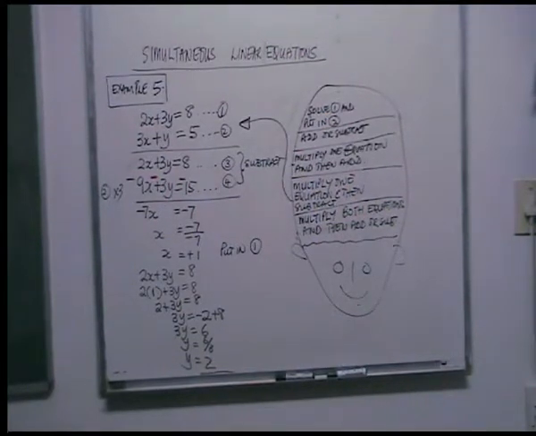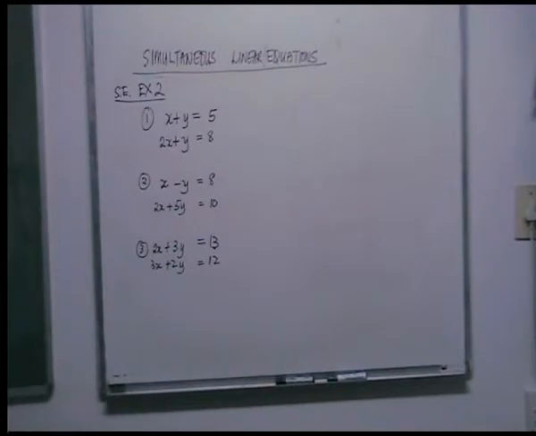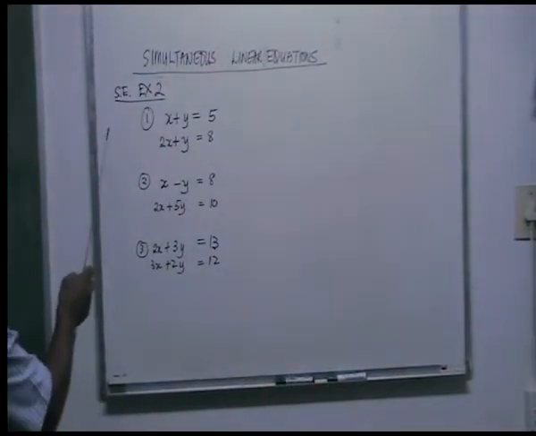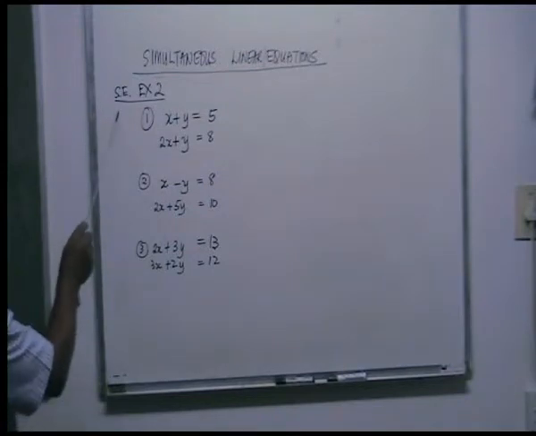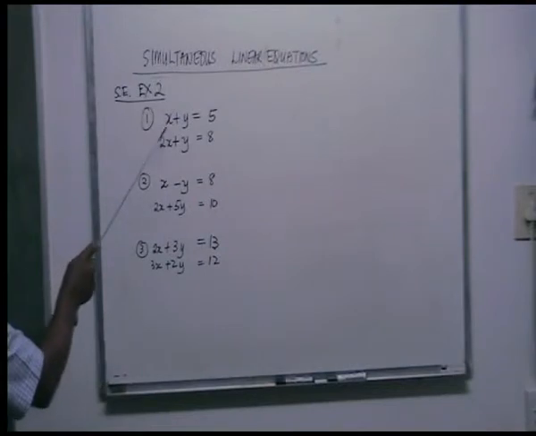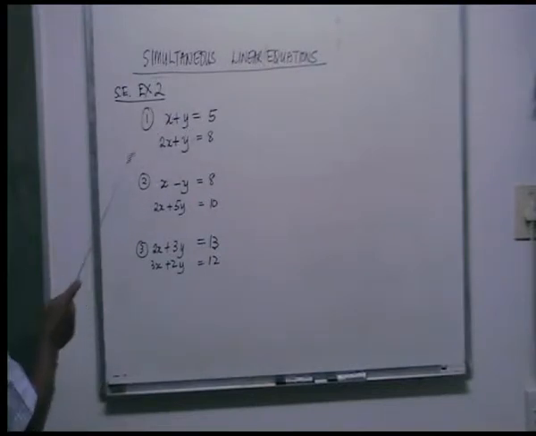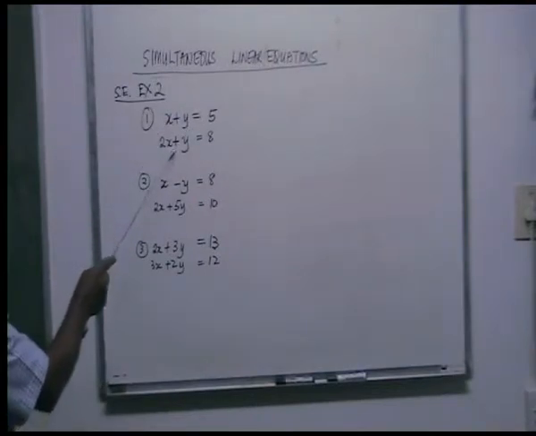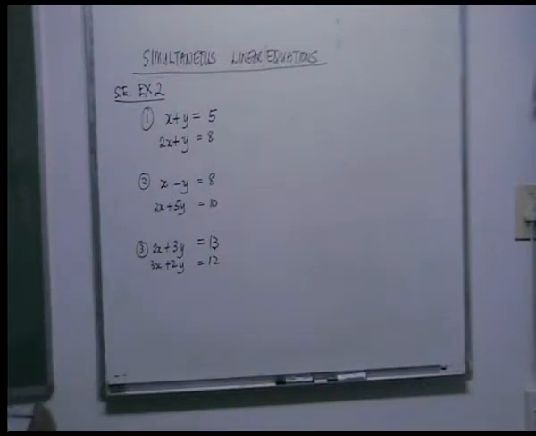Right, let's do an exercise. Good. Let's get back. Simultaneous equations, exercise 2. Number 1, x plus y is equal to 5, 2x plus y is equal to 8.